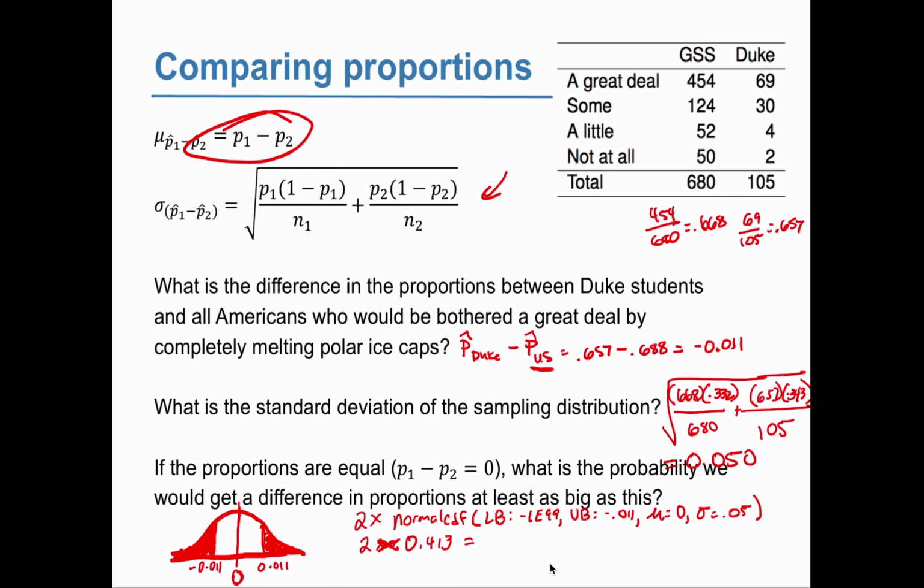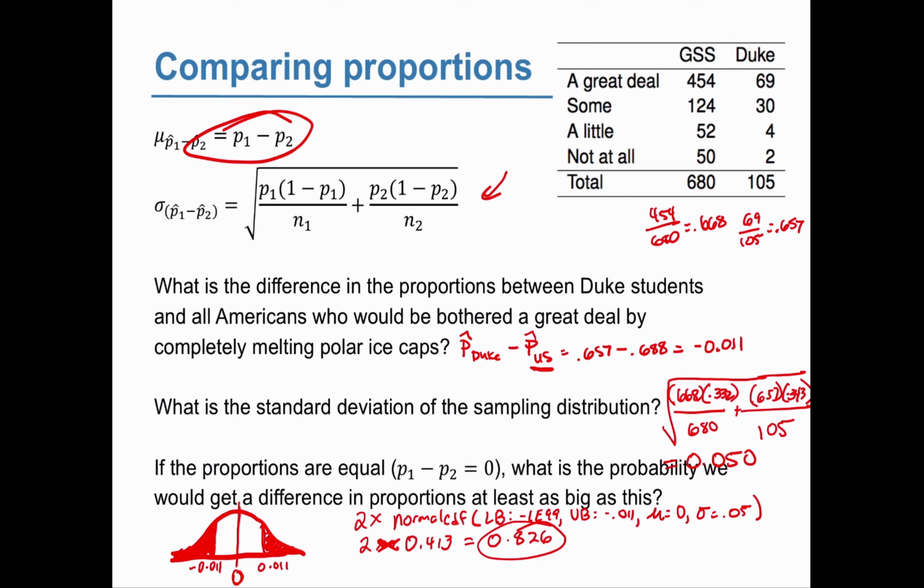So when you multiply that by 2, that ends up being 0.826, which is very large as a percentage. So if there is no difference between Duke students and all Americans on this issue, there is almost an 83% chance that we could see a difference at least this big.